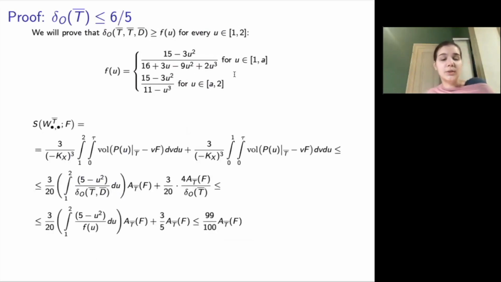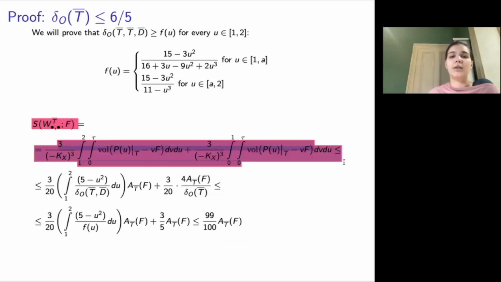And after we prove it, we can rewrite the S integral just as the sum of these two integrals, and then using that this local delta invariant is greater or equal than this function, we can say that the sum of these two integrals would be less or equal than the sum of this integral and this thing.